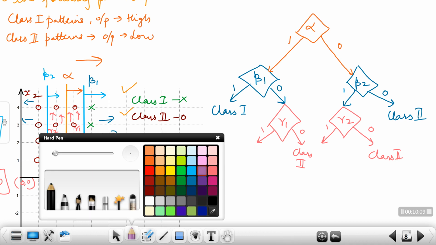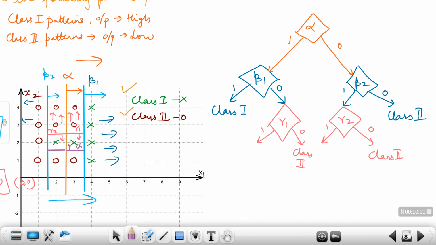That line will be named delta 2. But both the equations are the same for both these lines. So where will delta 1 come? Delta 1 will come here. If you go on the positive side of delta 1, it will be class 1, and if you go on the negative side, it will be class 2.